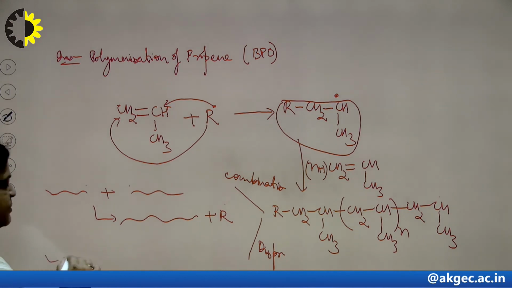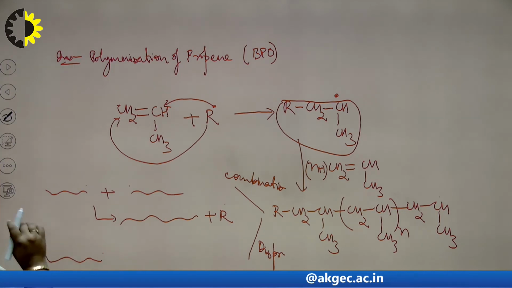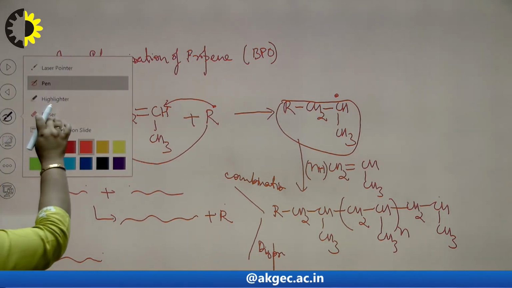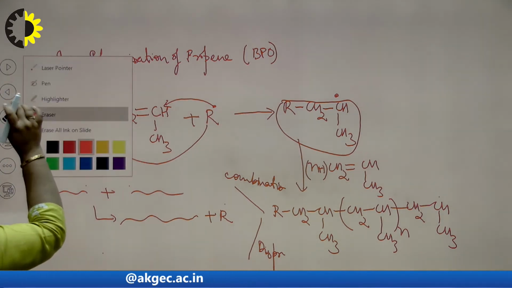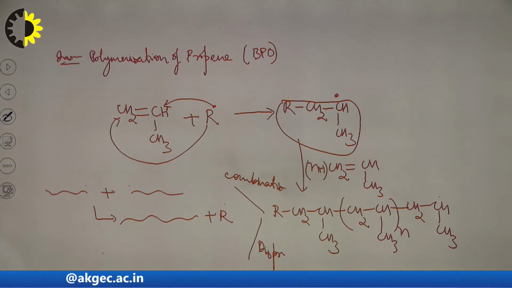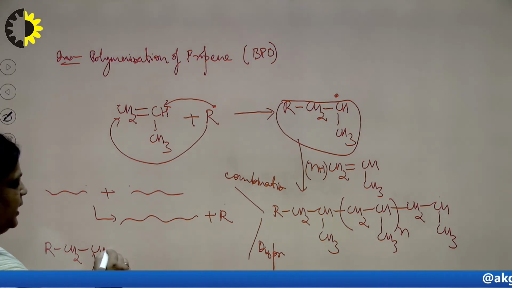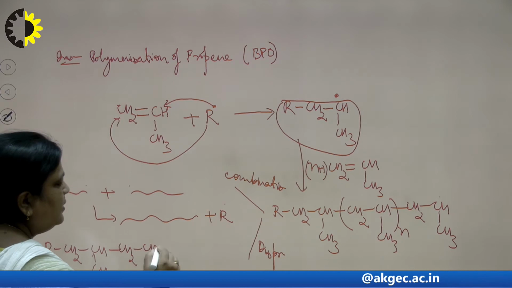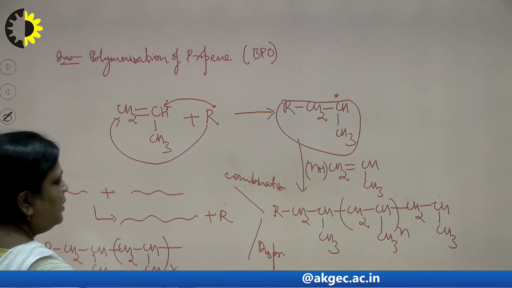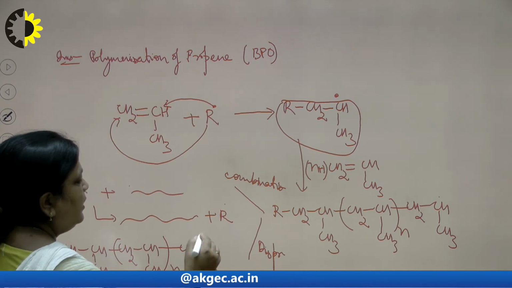Disproportionation means this chain, and suppose here we write R CH2 CH CH3, then CH2 CH3 N, and then CH2 CH CH3 radical.